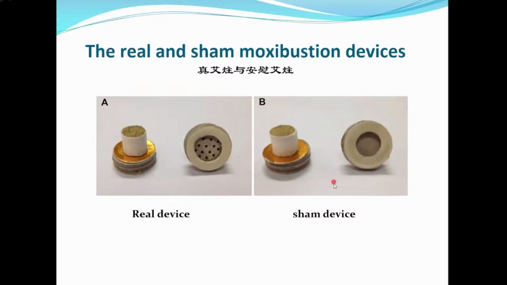However, this can be double-blinded because the patient cannot tell from outside, and the practitioner is not allowed to look at the bottom. We have a second assistant to watch the practitioners when they put the moxa onto the patient. They're not allowed to look at the bottom of the moxa.